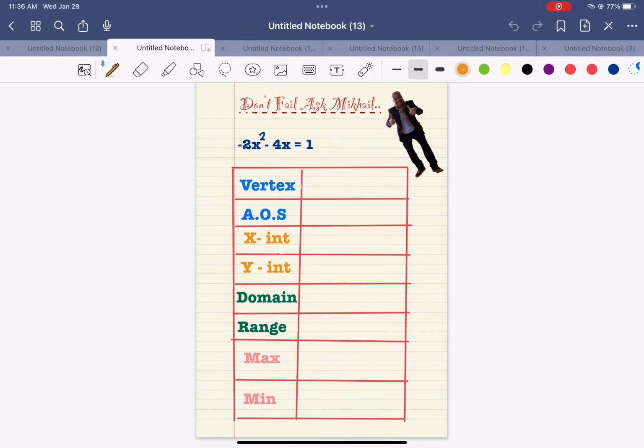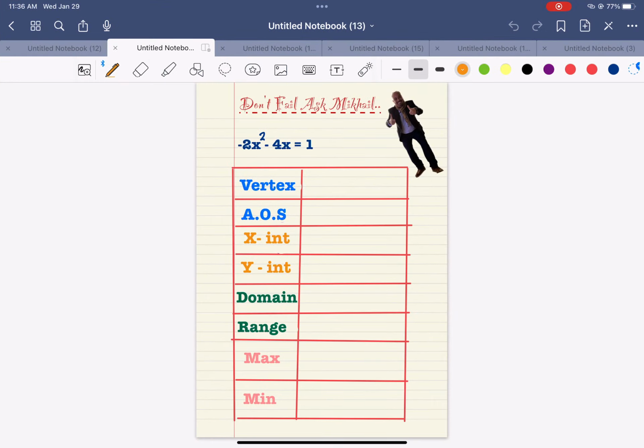The x value of the vertex equals negative b over 2a. Negative b means the opposite sign of b, so that will be positive 4 over 2 times negative 2, which is 4 over negative 4, equal to negative 1. So the x vertex equals negative 1.